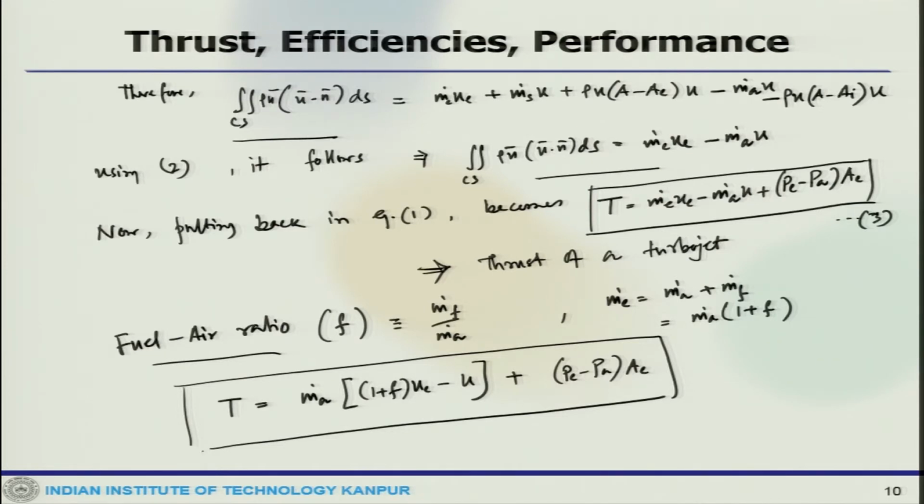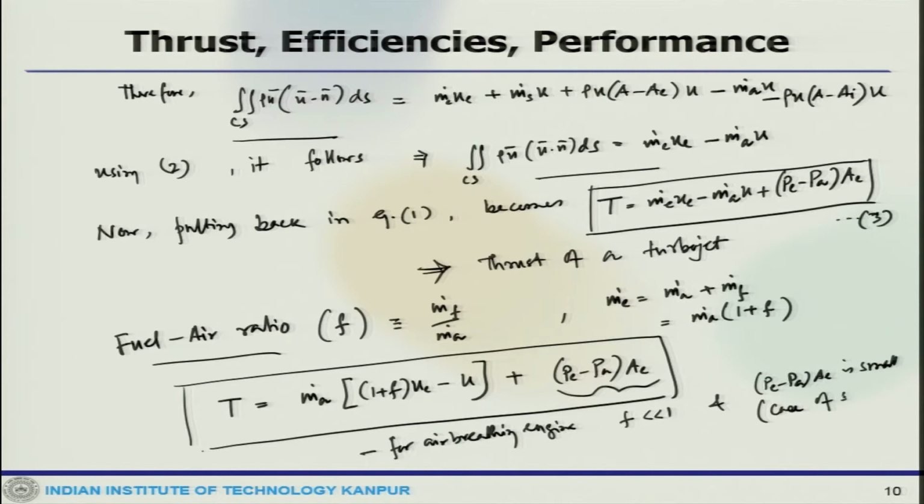Now, typically for an air breathing engine, F is in general very small, and the term (P e minus P a) into A is also very small or almost negligible, in the case of subsonic flow through the exhaust.